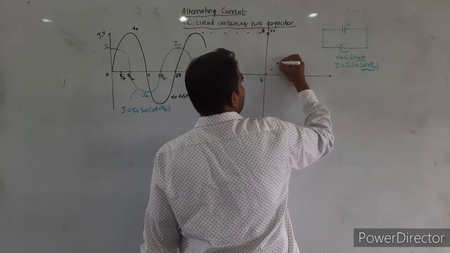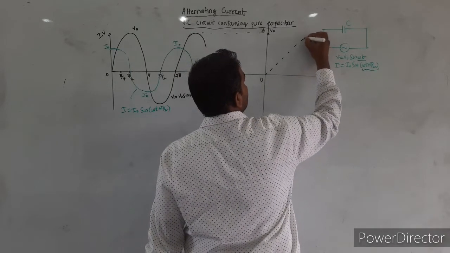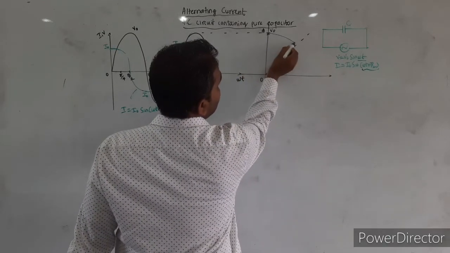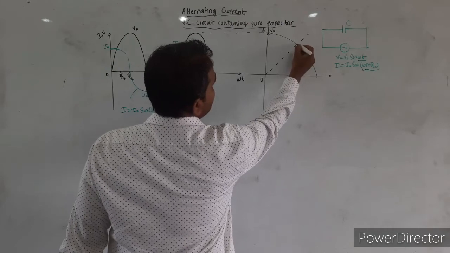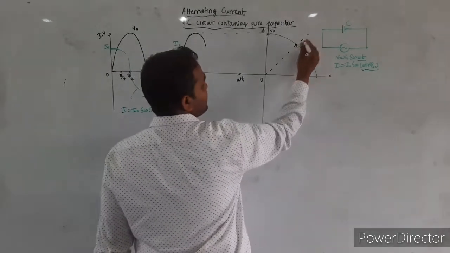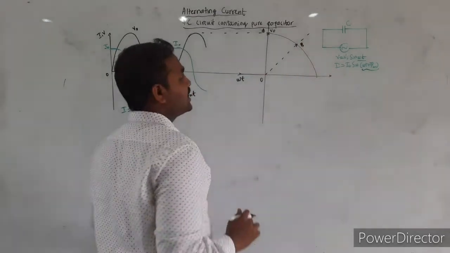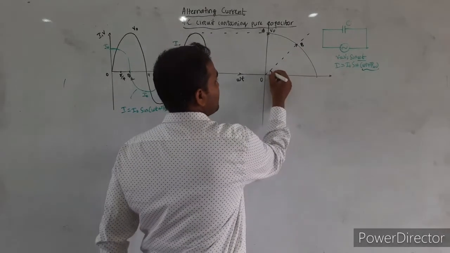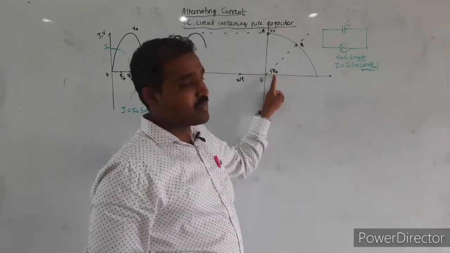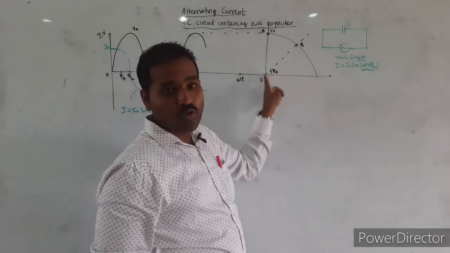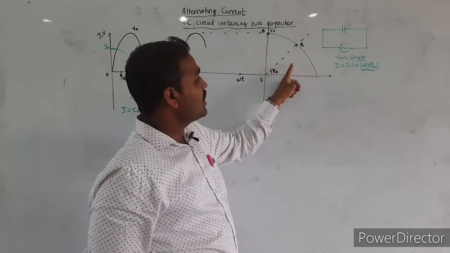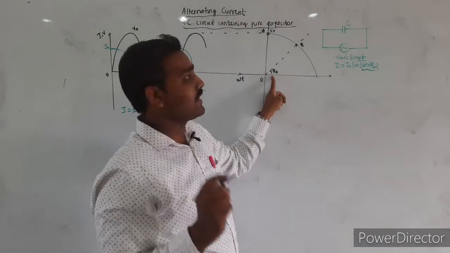Here I will draw one line at an angle of 45 degrees, and the same phasor I will rotate through 360 degrees. This circular arc cuts the 45 degree line somewhere here. This intersection point gives me the tip of the phasor when the angle is pi by 4 radians. As an example, I am taking omega t equal to pi by 4. This O to B is the voltage phasor when the phase angle is 45 degrees.